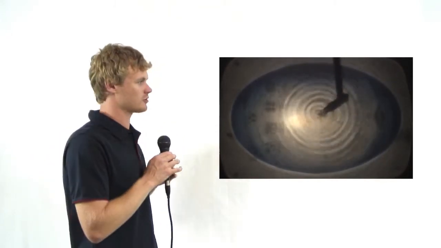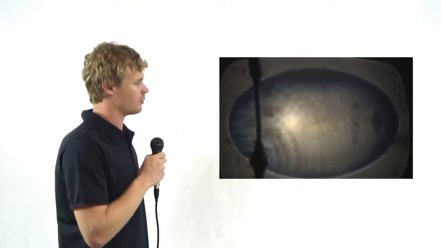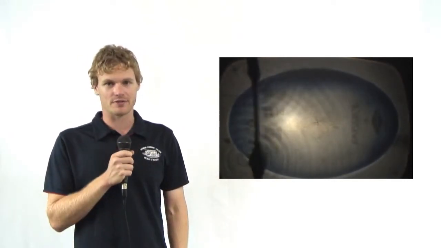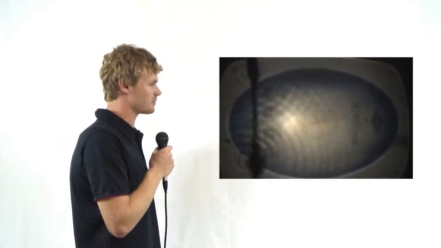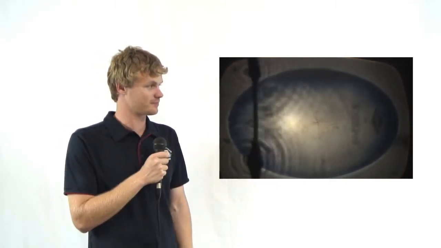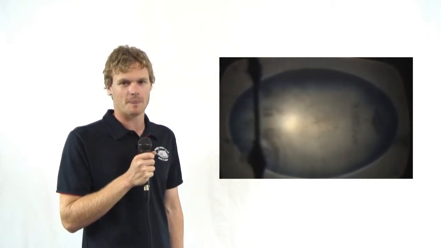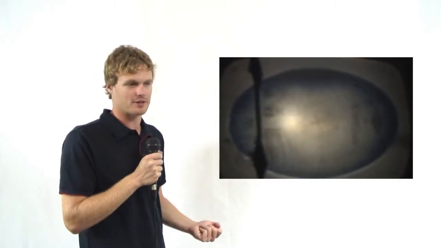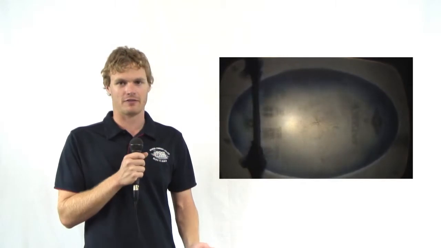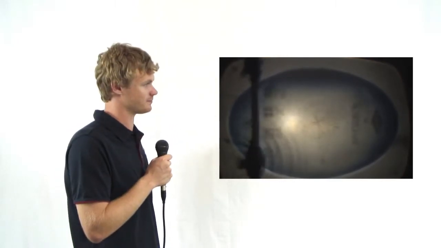If we have now 2 pins causing 2 waves, we can see the interference between the 2 waves. We can get some bright spots, we can get some dark spots. These are points where the path difference of these 2 waves is either m lambda wavelengths, so we get the bright spots, or m plus a half wavelength, where we get the dark spots.